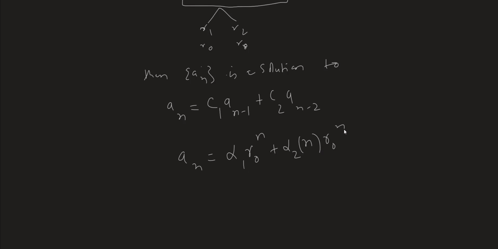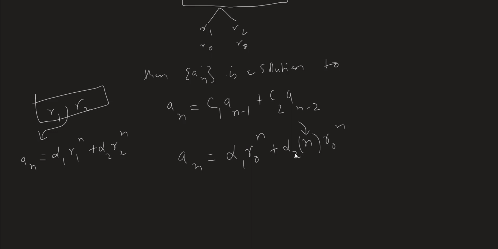Previously, when we had different roots, r1 and r2, and both of them were not similar, the solution was an is equal to alpha 1 times r1 raised power n plus alpha 2 times r2 raised power n.